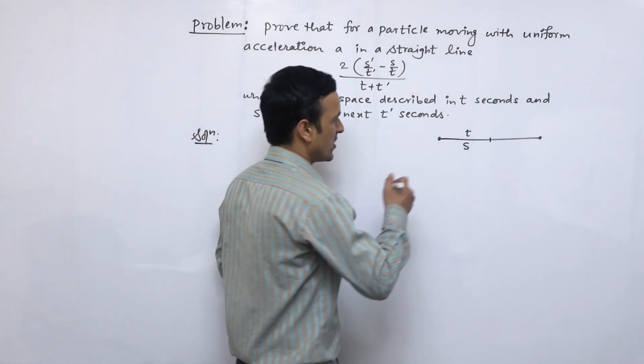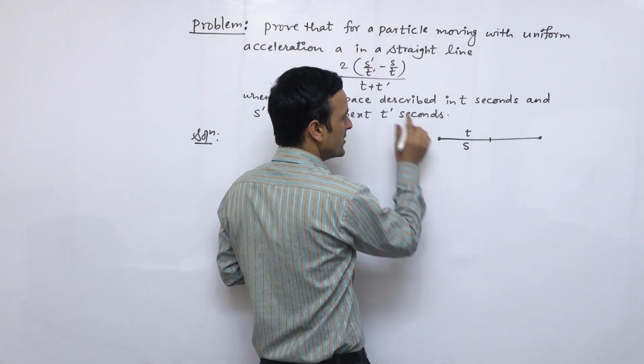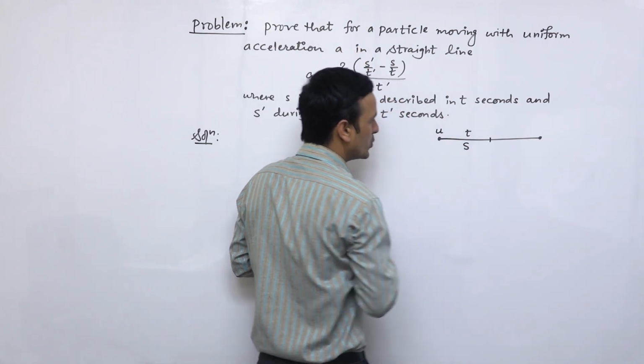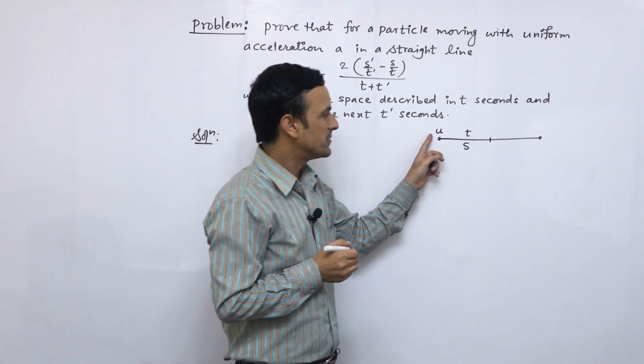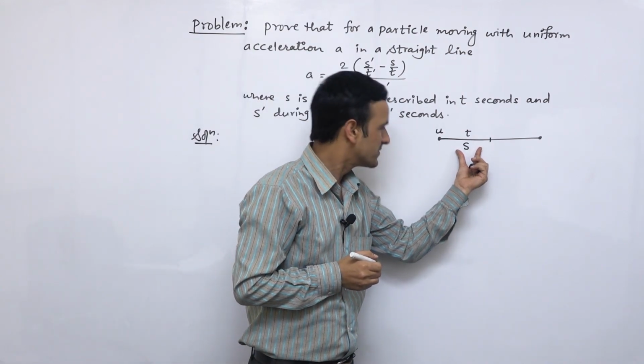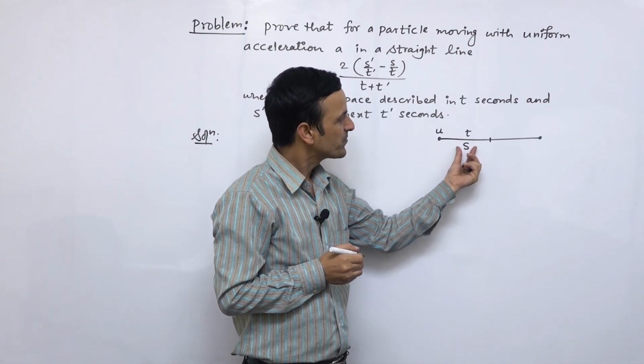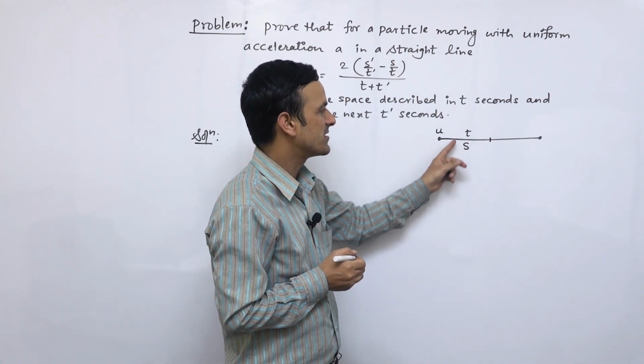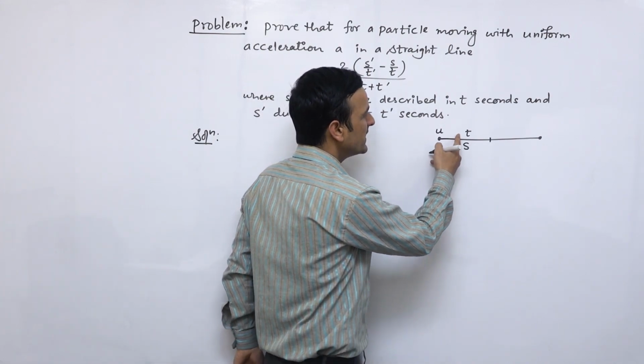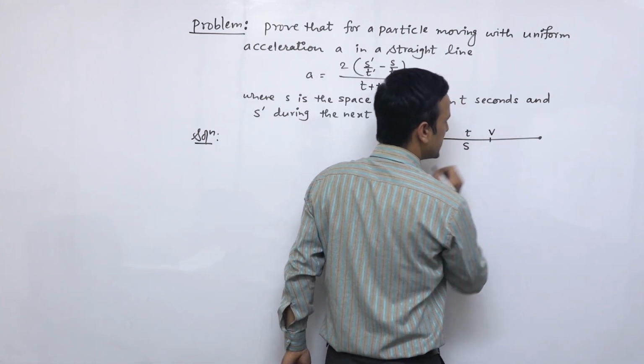So the particle's initial velocity is u, and the distance covered by that particle is s in t seconds, and its final velocity is v.